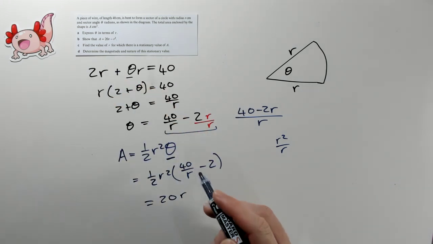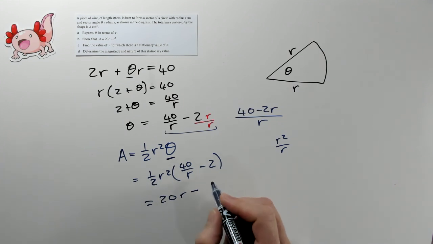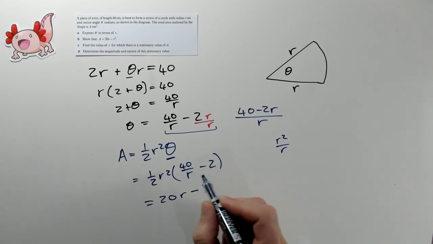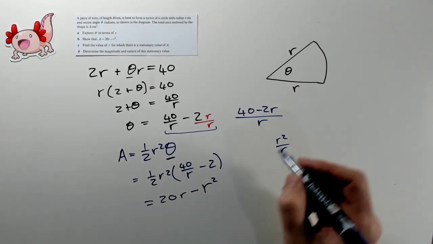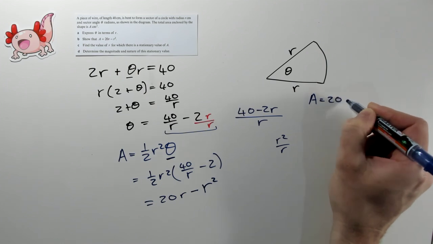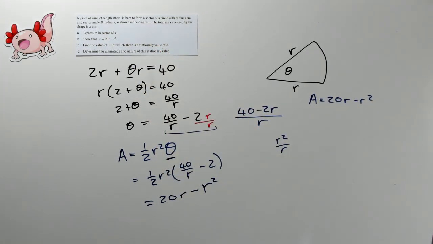On the right track there with 20r. And then minus half times 2 is going to be 1, I don't really have to write the 1, and then r squared. Cool. Proven. A is equal to 20r minus r squared. So we proved that.